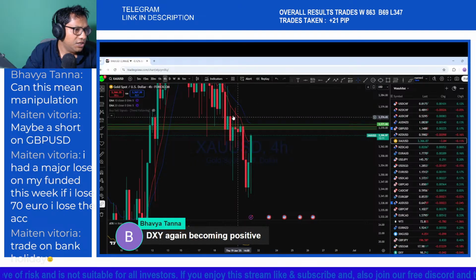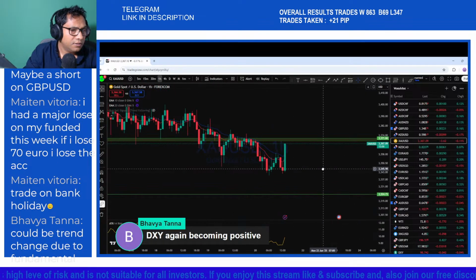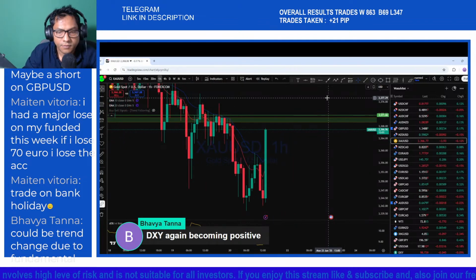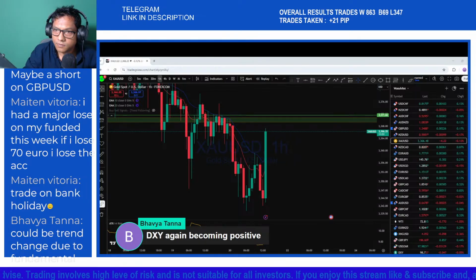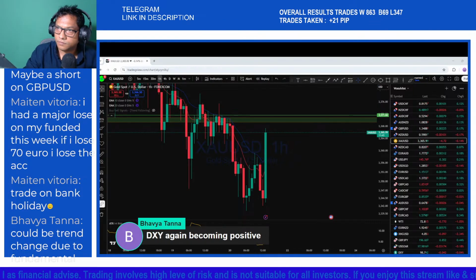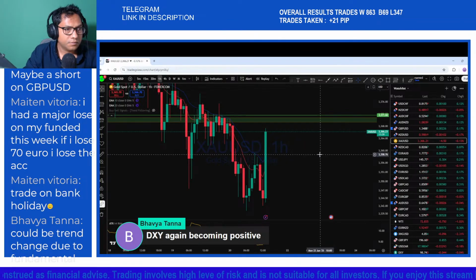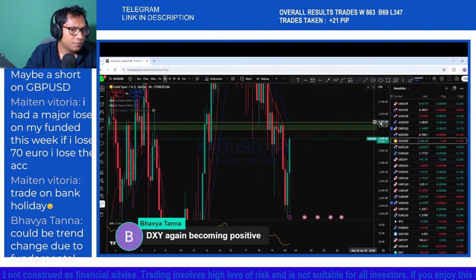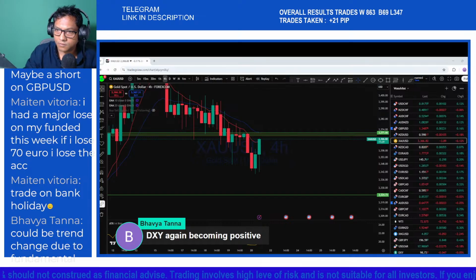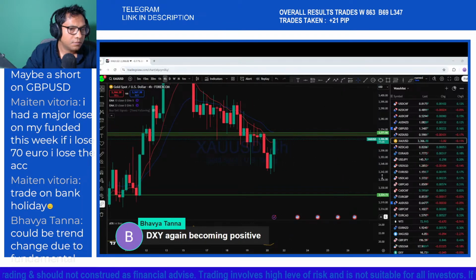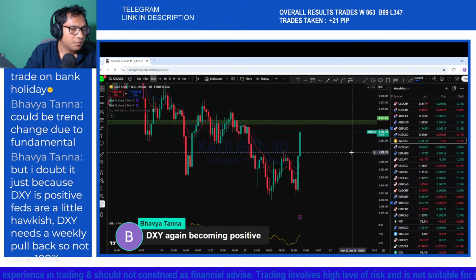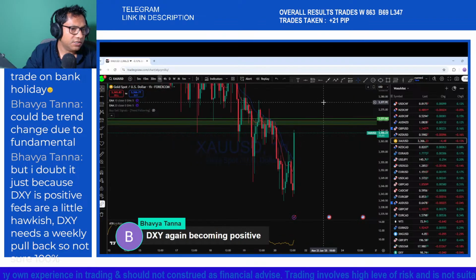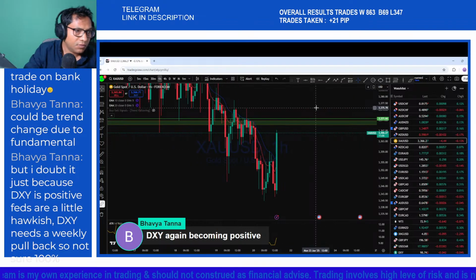Now approaching that 20 EMA from the 1 hour, you can see from here one single move from the daily.